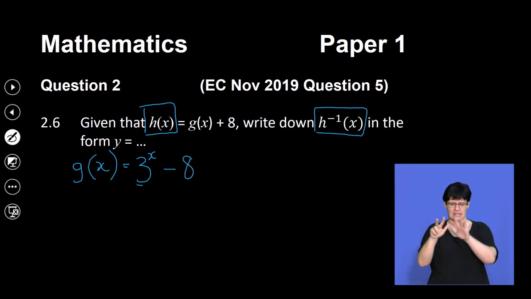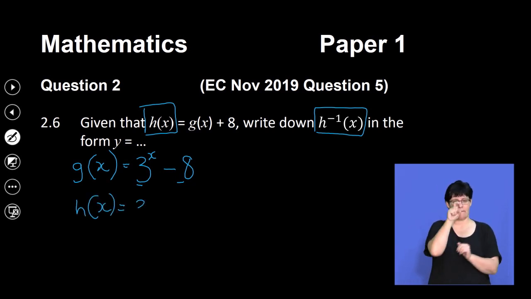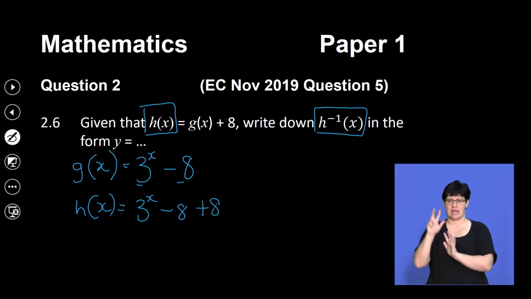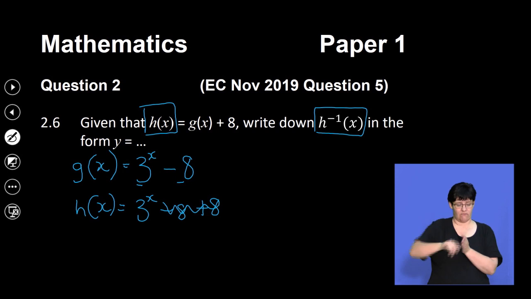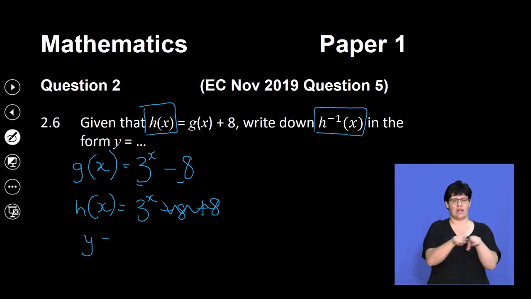That was the value of b, that was the value of q. So therefore, h of x must be equal to 3 to the power of x minus 8 plus 8. So obviously those disappear, so we just have that y is equal to 3 to the power of x.